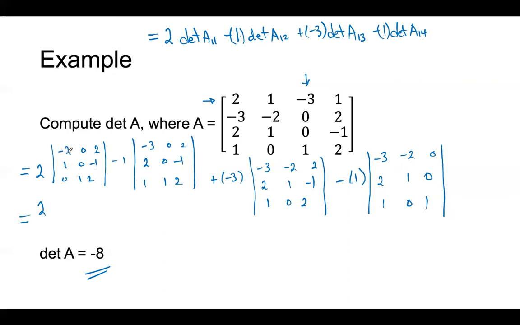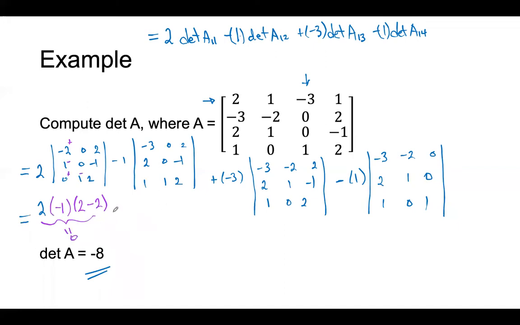So 2 left and front. So maybe I'll write in a different color. Positive, negative, positive, negative. -1 times -2 times -1. This is 2. Subtract 2. So this becomes basically 0.